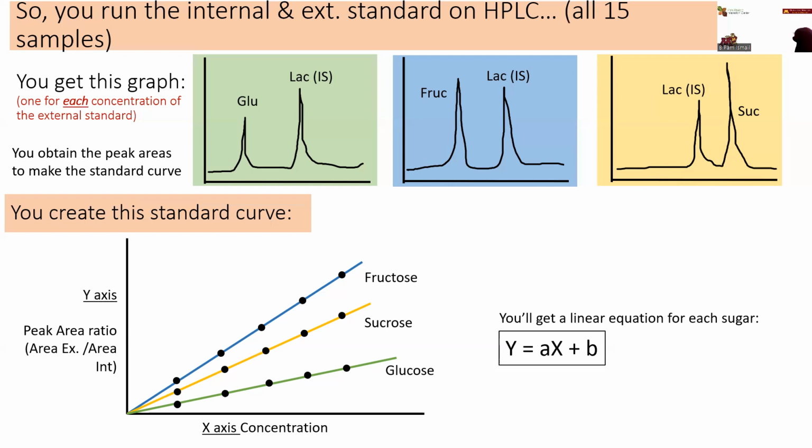Your x-axis is the concentration of the different sugars, okay? So you will have 3 standard curves, not 1, because you have 3 standards. And then you will have 3 equations of the line, 1 for fructose, 1 for sucrose, and 1 for glucose.